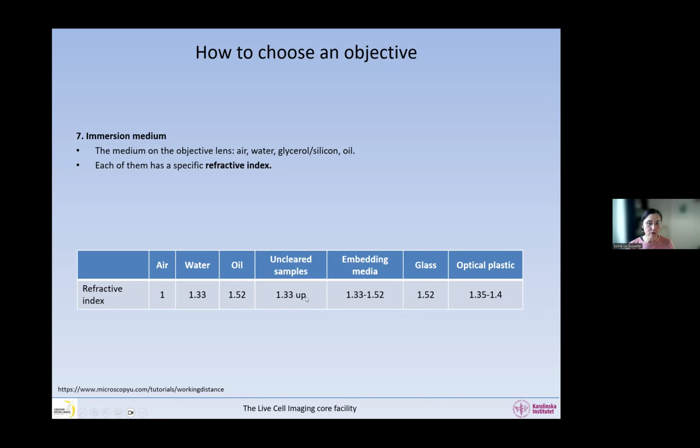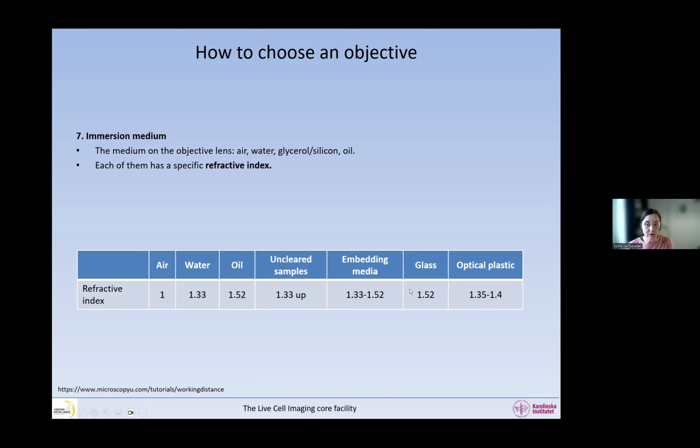And you can have also an uncleared sample. It can be anything from, if it's like cells on a cover slip, that is quite close to water, so we'd say it's about 1.3. If it's a tissue, it's often around 1.4 something, and if it's a very fatty tissue, it can reach up closer to 1.5. So with uncleared tissues and the embedding media, you match pretty much anything between water and oil.